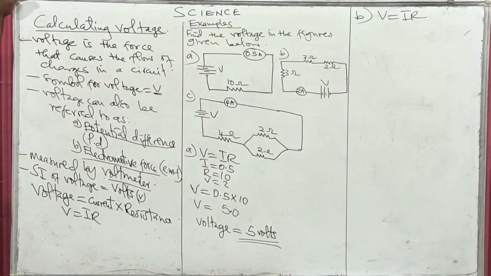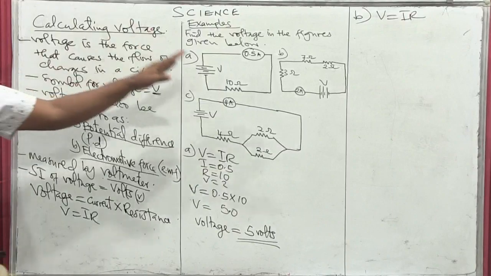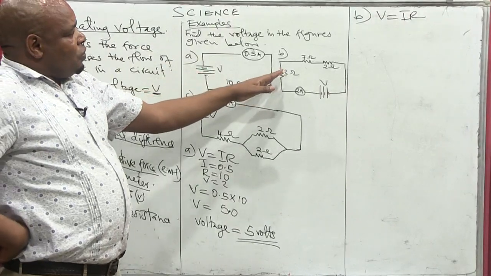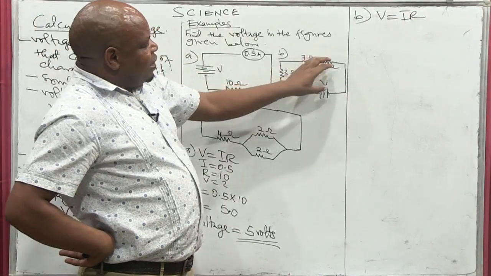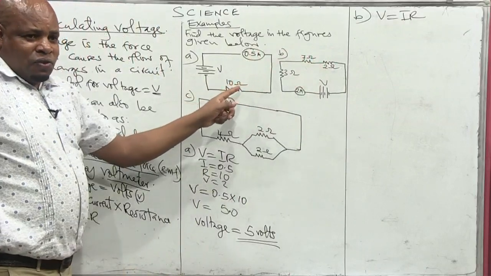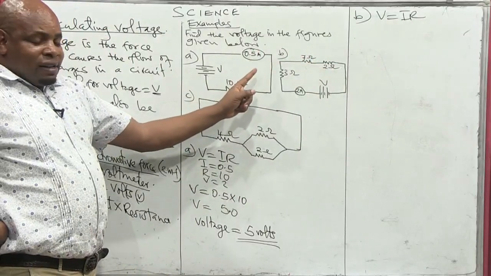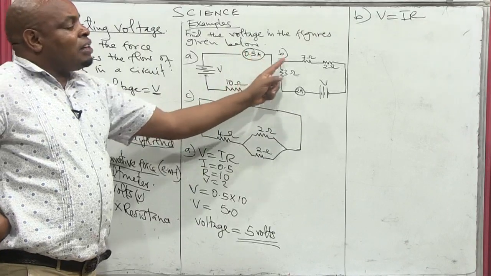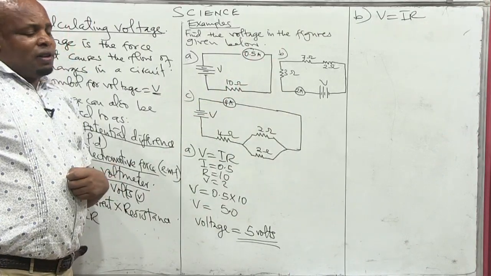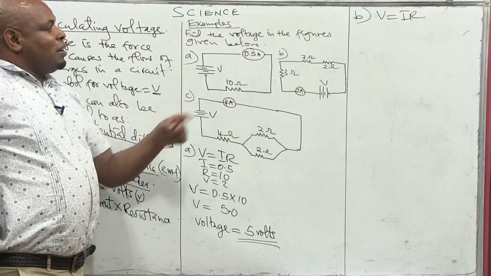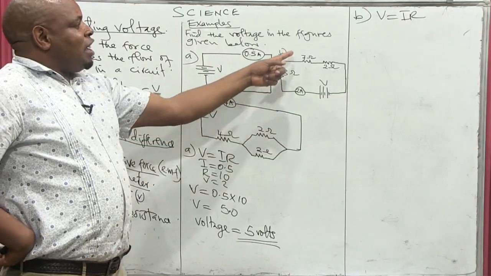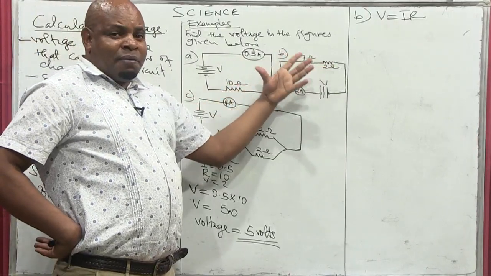From our second figure, if you studied very well, we have been given 3 resistances which are in series: 3, 7, and 2, all of them in series.